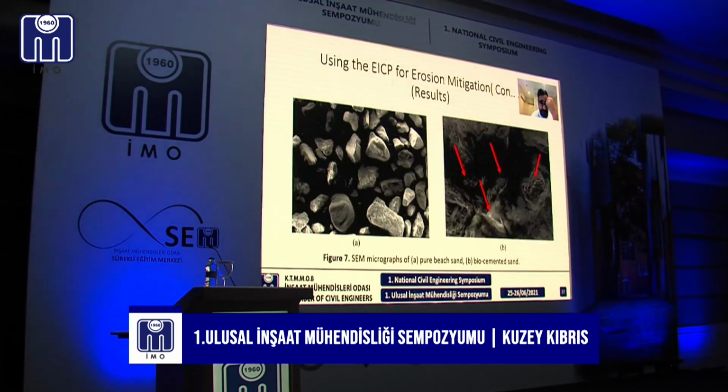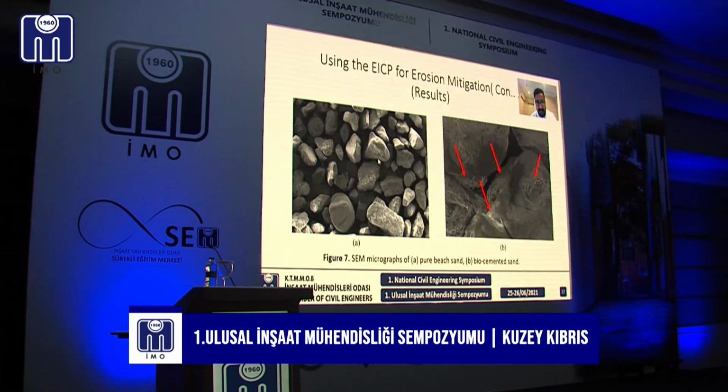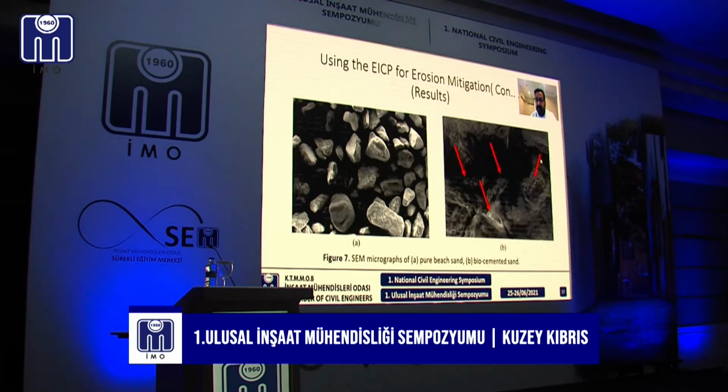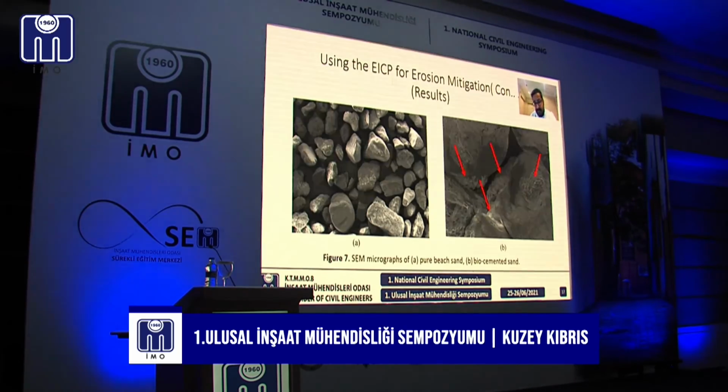So this is the same result of the sample before and after. This is our pure sample, our pure loose sample. This red arrow represents the calcite on the surface. This is between the sand particles, and this is on the surface.